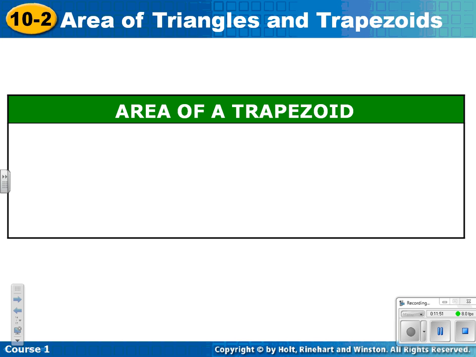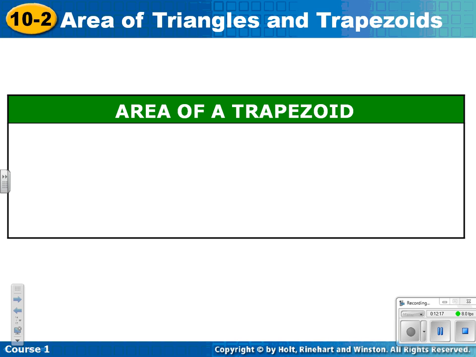A parallelogram is a quadrilateral with 2 sets of parallel lines. A trapezoid is what? A quadrilateral with 1 set of parallel lines. This is something you're going to have to know for your quiz and test.